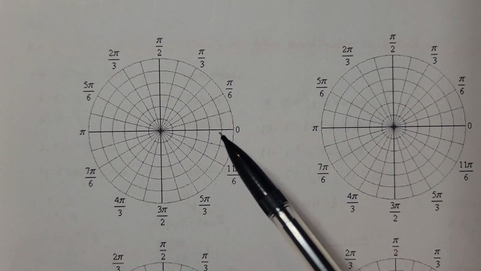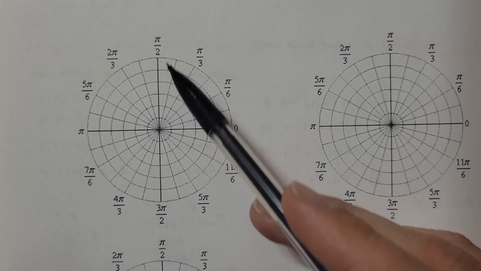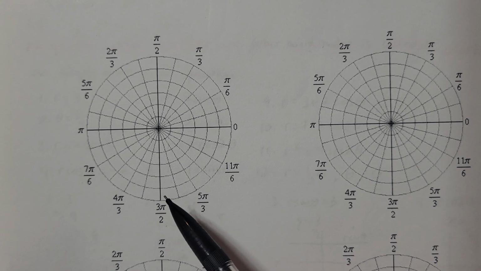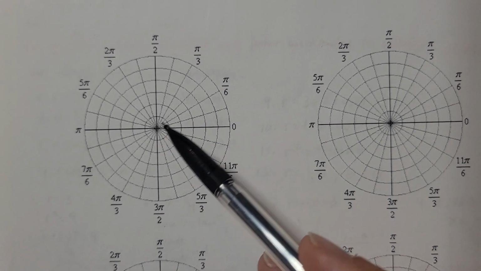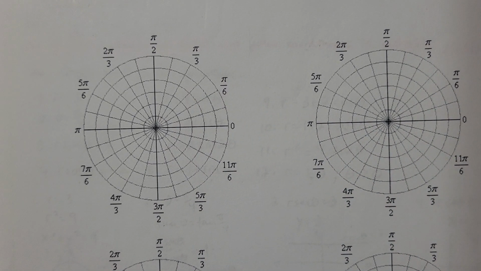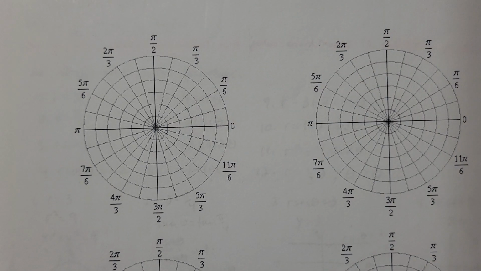So again, there's major axes and there's minor axes. The 0 radian axis, the pi over 2 radian axis, the pi axis, and the 3 pi over 2 axis, those are all major axes. And then the minor axes would be like pi over 6, pi over 4, pi over 3, ones that still come up a lot, but they're not one of the 4 major axes.